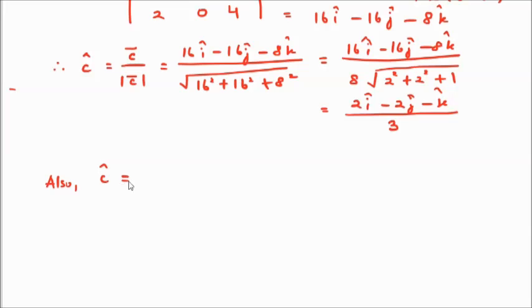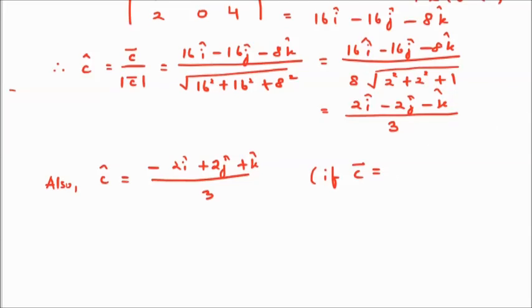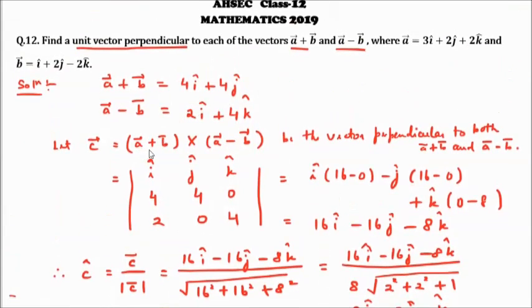c cap will be equal to minus of this, just the negative of this. How? Here I have taken my c vector as a vector plus b vector first and a vector minus b vector second.